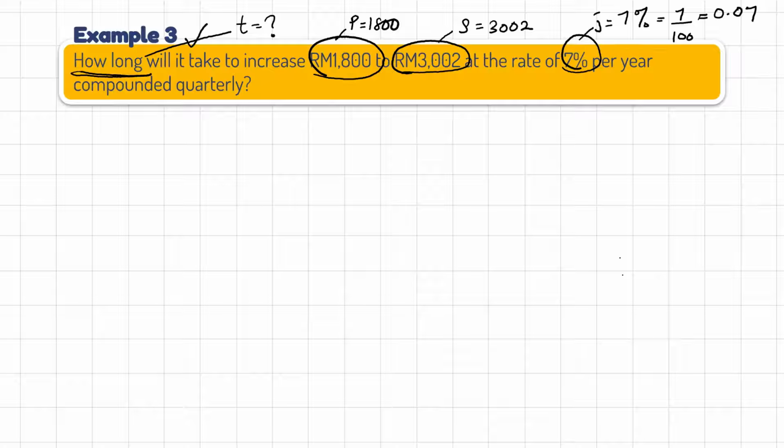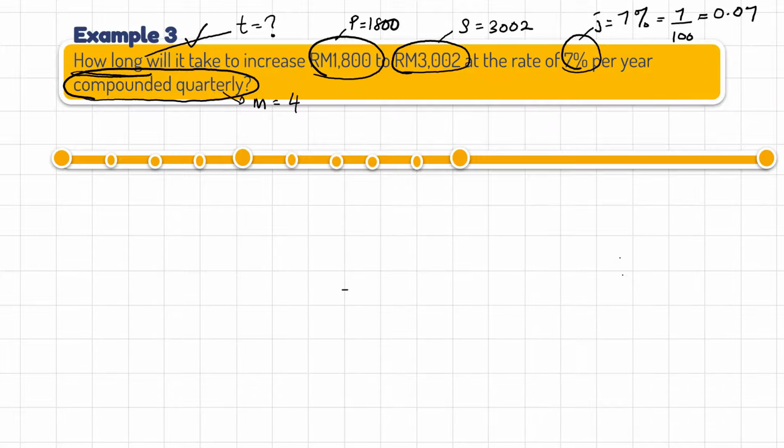The next words we have are compounded quarterly, which portrays that M equals 4. Okay, so let's portray it on the timeline. So this will be our timeline. Again here 0, here is 1 year, 2 year and 3 year, because the question asks us to find how long. So it will be 3 year.